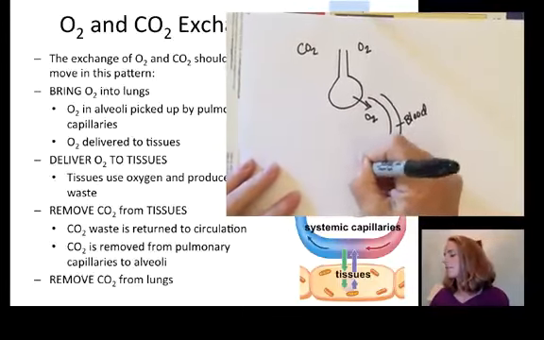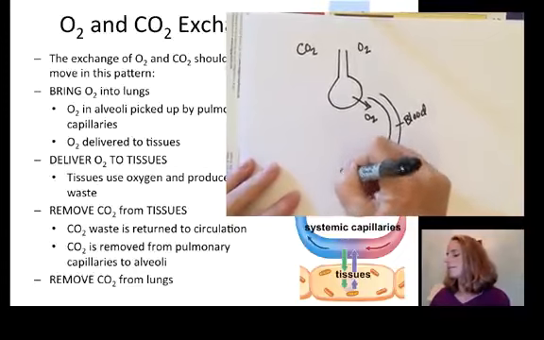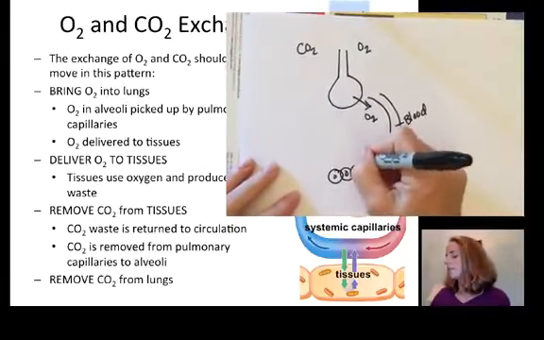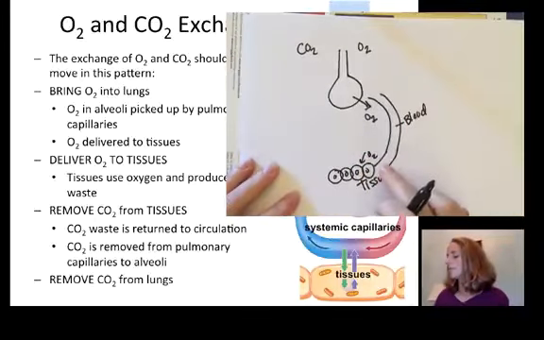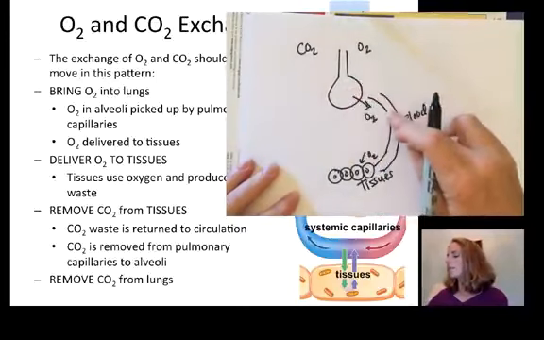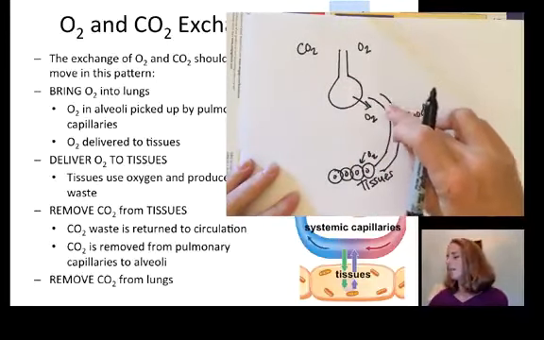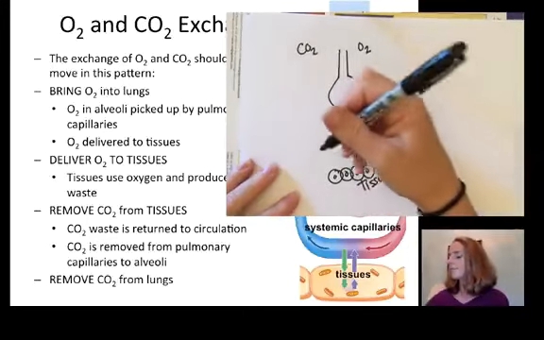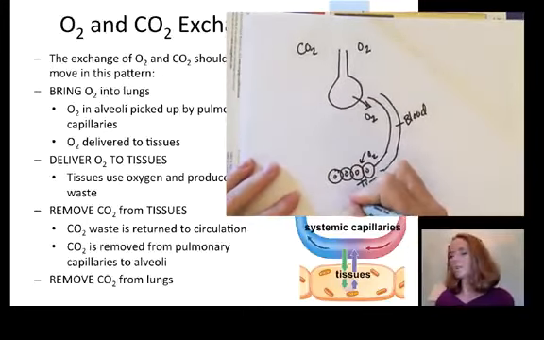So I'm going to draw some tissue cells here where the blood is going to deliver oxygen to the tissues. Oxygen from the air wants to go into the blood, and then the blood will carry that oxygen to the tissues. From there, the tissues are going to do cellular respiration, right?